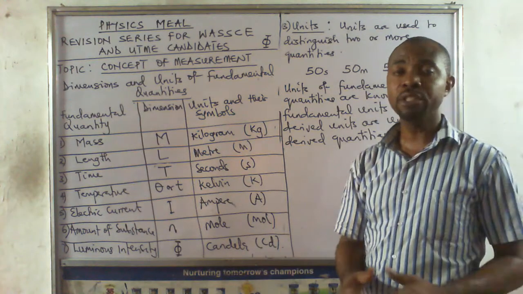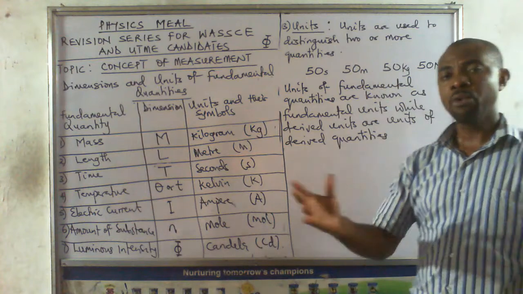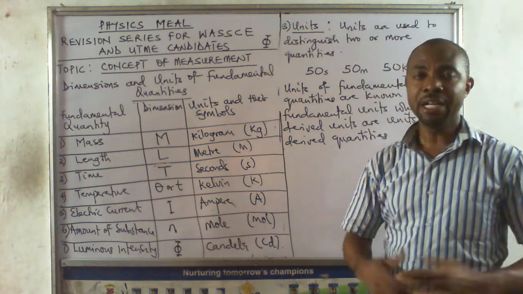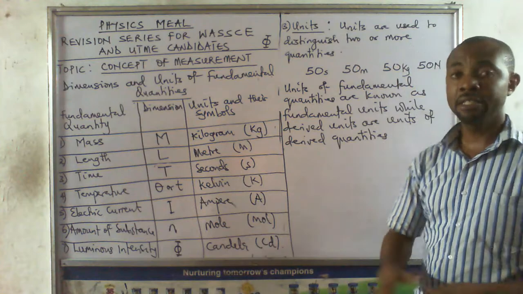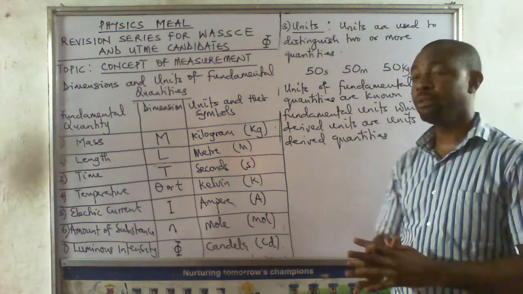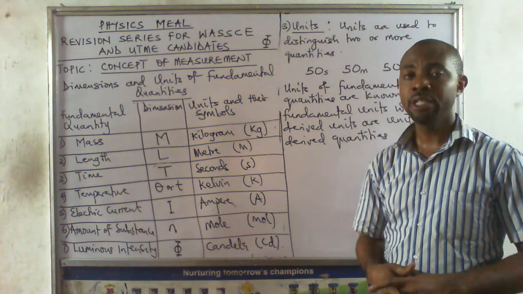We have defined quantity, and we talked about fundamental quantities and derived quantities. We also defined dimension and units. The first video dealt with that, and we looked at the table of the fundamental quantities, their dimensions, and also their units.